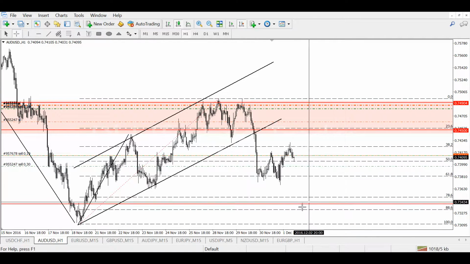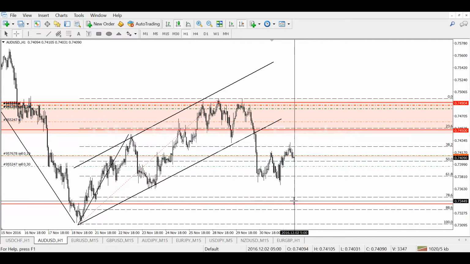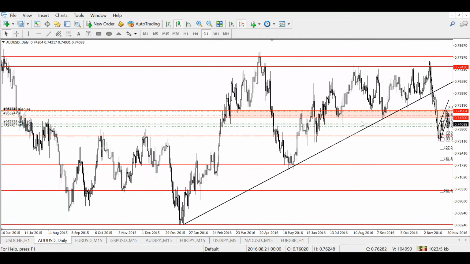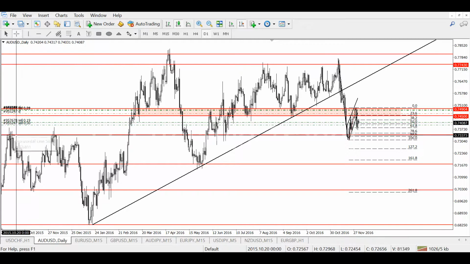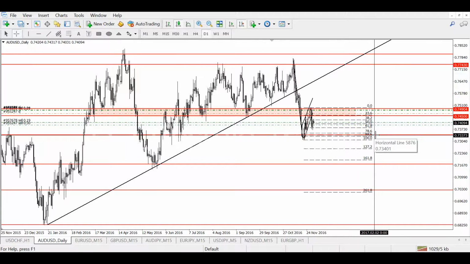And the first key take profit level will always be at the 88.6% level. It can be 70.6 as well. It depends on the support levels that we're looking at right here. Definitely we are seeing that this is the major resistance turned into support level, so it is lying in between 78.6 and 88.6 Fibonacci retracement level.